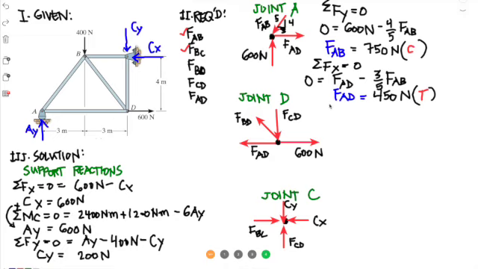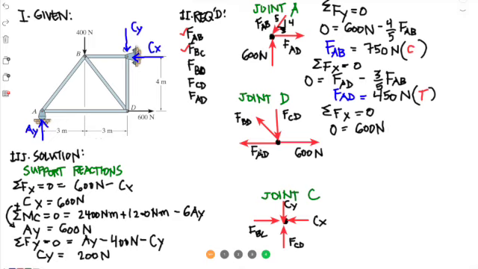So let's go to summation of forces. Now we are in joint D. Okay, this is joint D. So this is force BD, this is force CD, this is force AD, and this is the 600 Newton external force. So let's do a summation of forces in X in joint D equals 0. So 0 would be, we have a 600 Newton force.